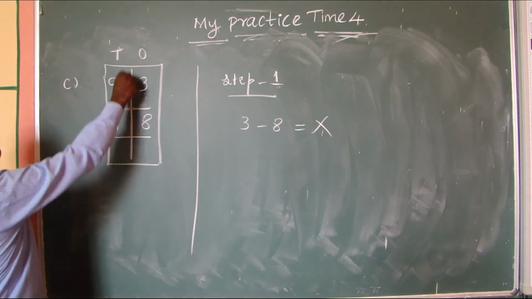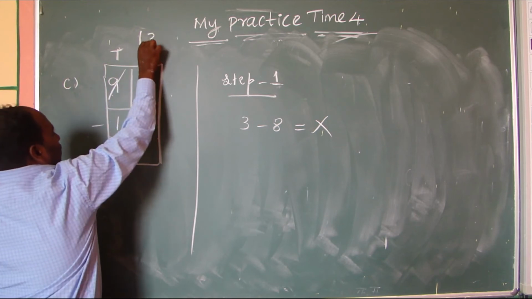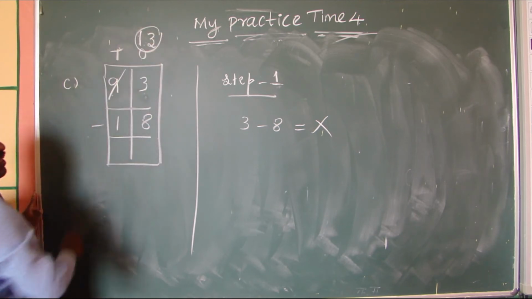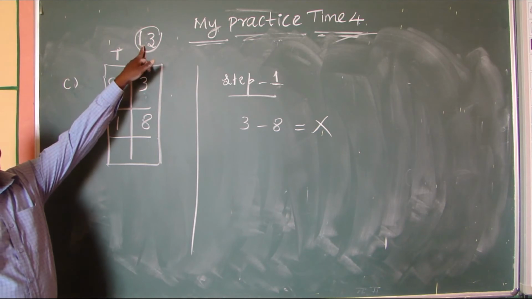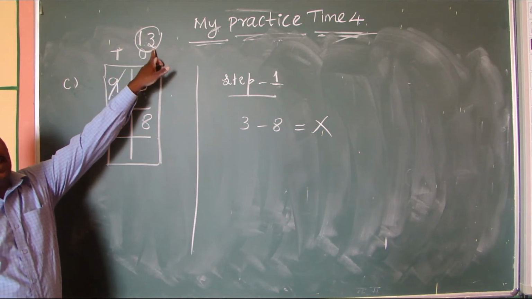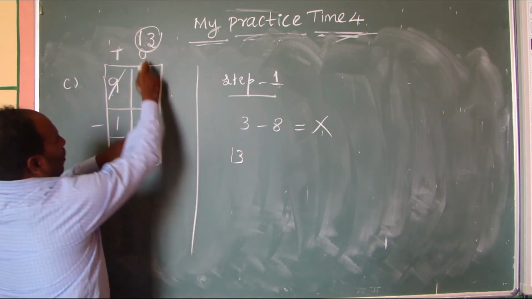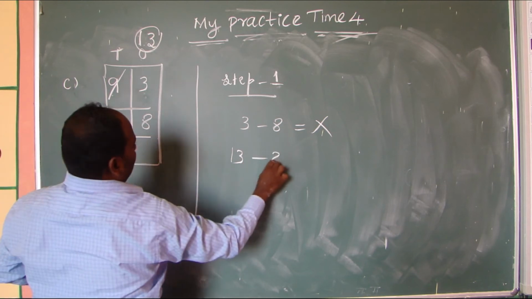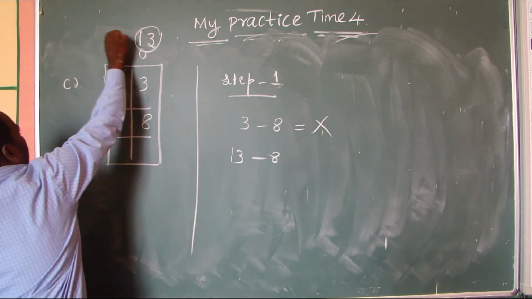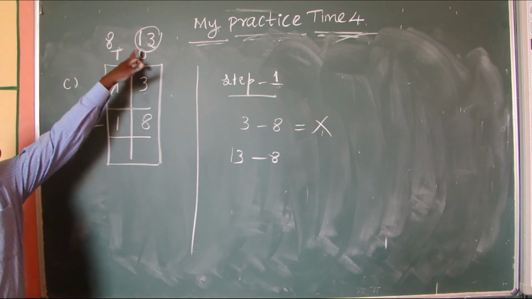So borrow 1. Already 3 is there. Borrow 1 plus 3. 1 ten plus 3 ones is equal to 13. So 13 minus 8. Here borrow 1 means 9 becomes 8, and 3 becomes 13.